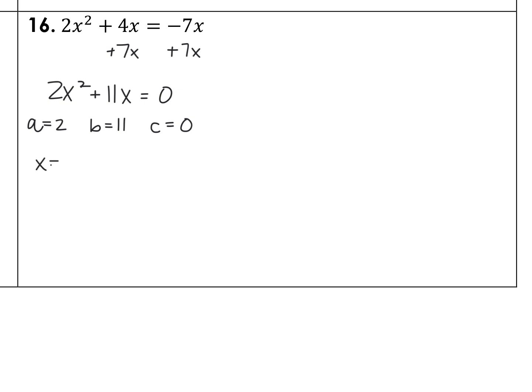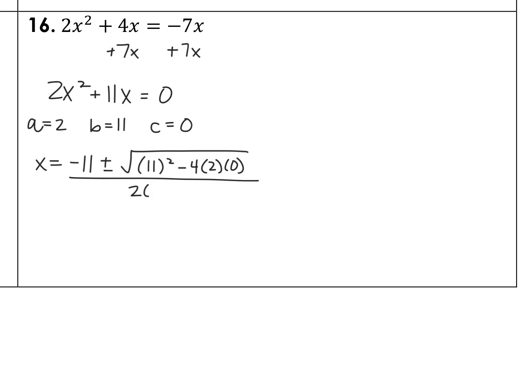So x is equal to opposite b. What is b? It's positive 11. So now what do I put? Negative 11. Plus or minus the square root of b squared minus 4ac, all over 2a. It's a formula. All right, figure this out for me. You might be able to do it in your head, but you are welcome to use a calculator.